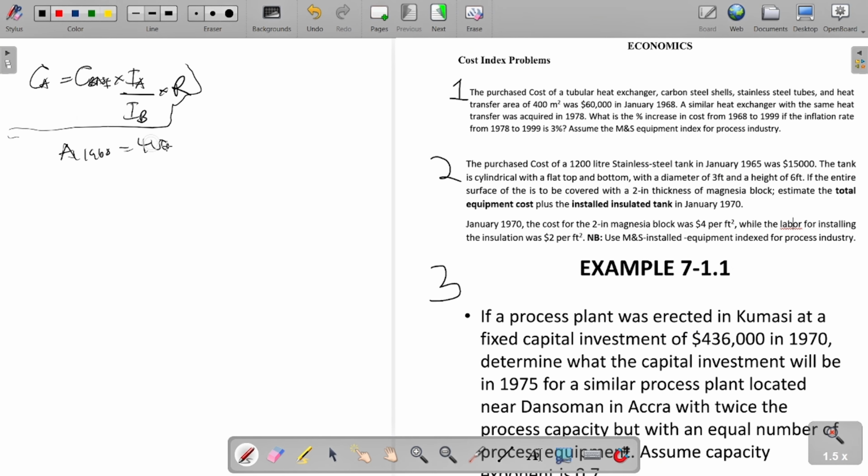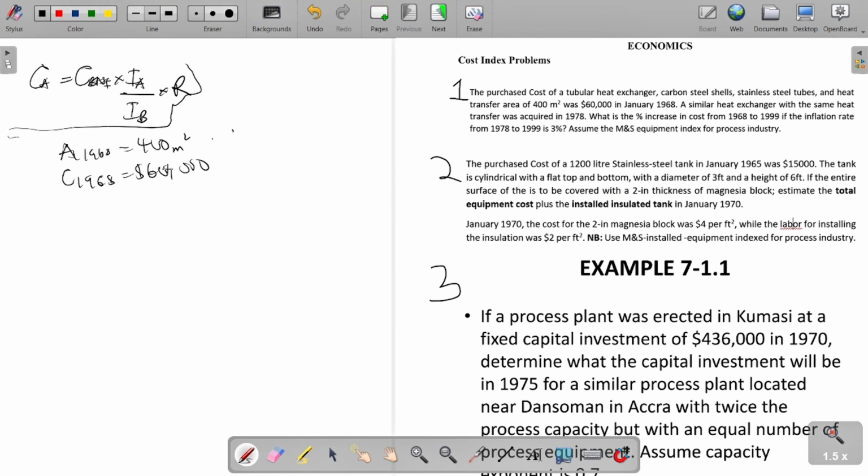They told us that the cost in 1968 is $60,000. That was in January. And we used a similar one which was being used in 1978, so the area is also 400. That gives us a capacity ratio of 1.